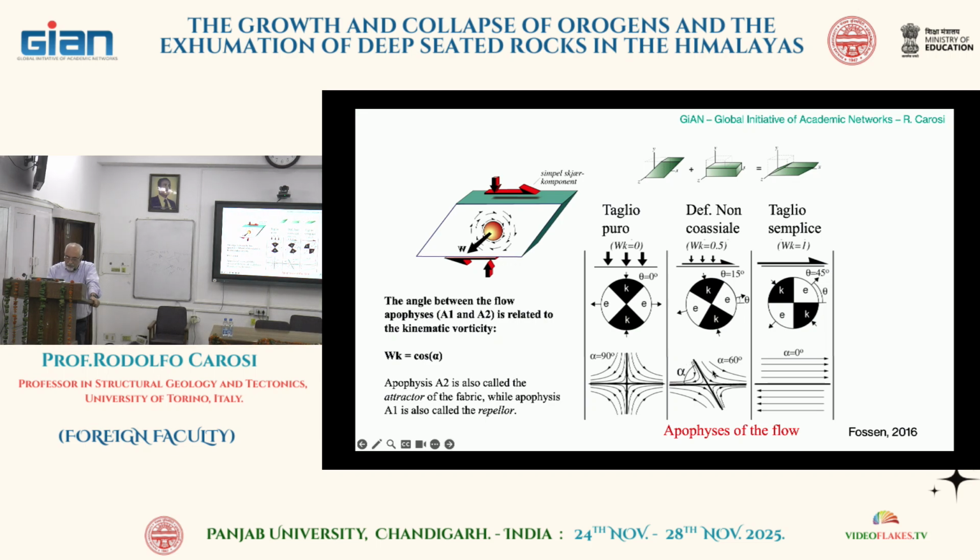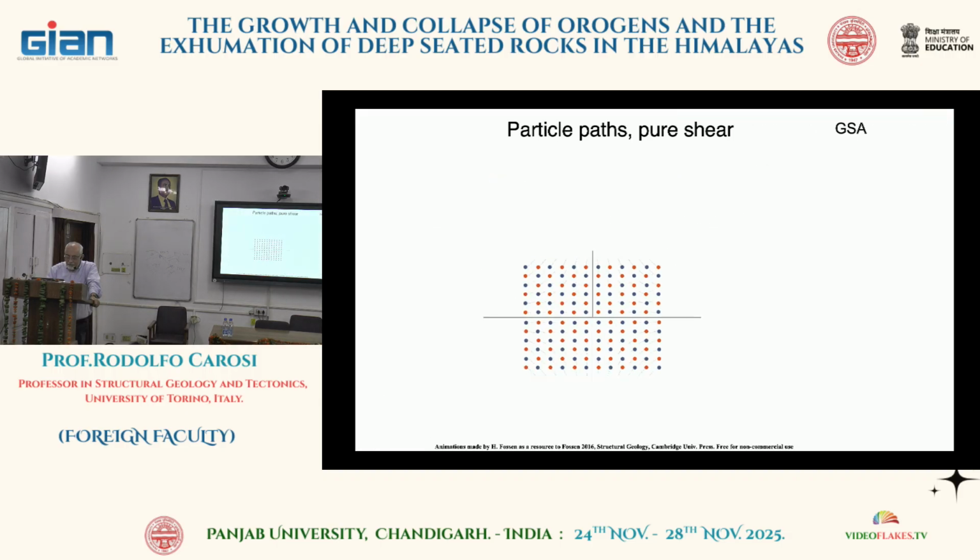In dextral shear, it rotates to the left, and the angle between this apophysis and this one is related to the non-coaxiality of the deformation. So vorticity is equal to the cosine of this angle. So the apophyses of the flow are very important for this.